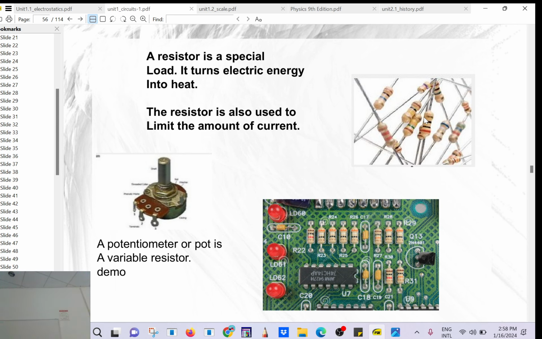I have Amanda and Nathalie helping. You see here, I don't know if you can see, it says ohms, omega. I go to a very small range.